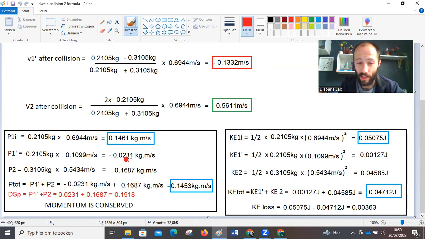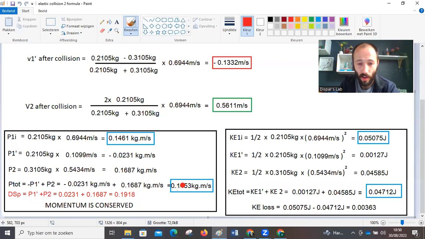You have to subtract. And that equals 0.1453. So this is important now. We treat momentum as a vector. We put a minus sign for the one going in the opposite direction. And when you add that with the second momentum, that equals 0.1453.